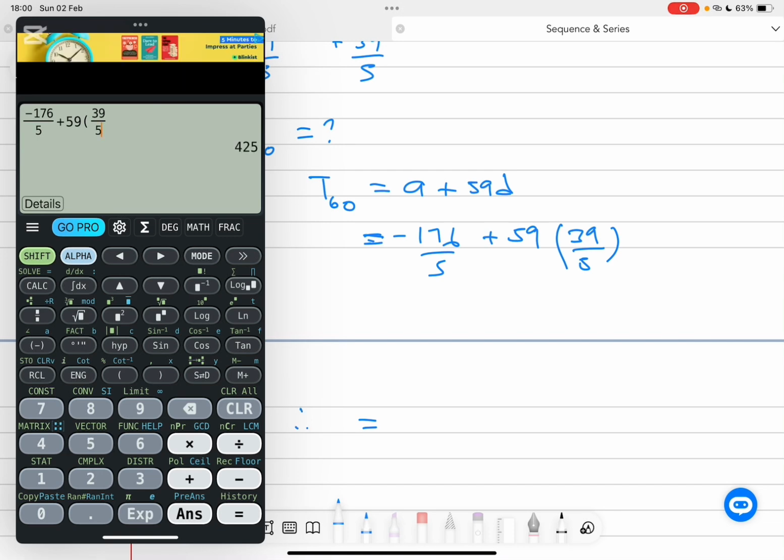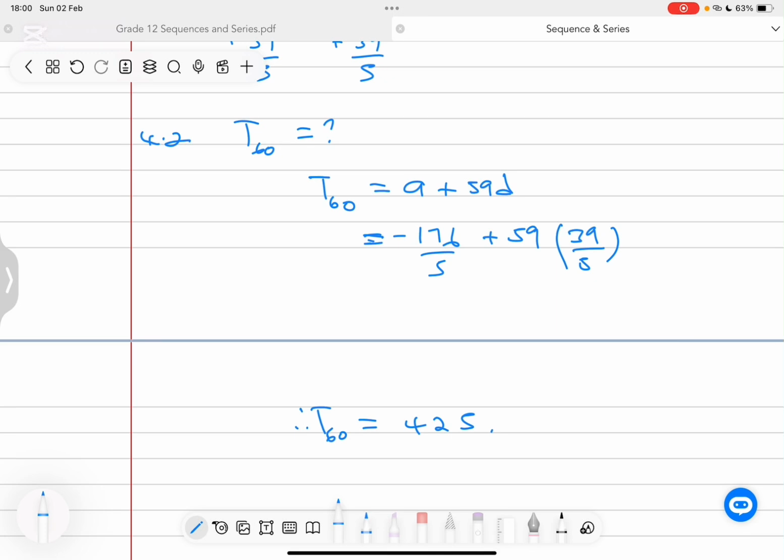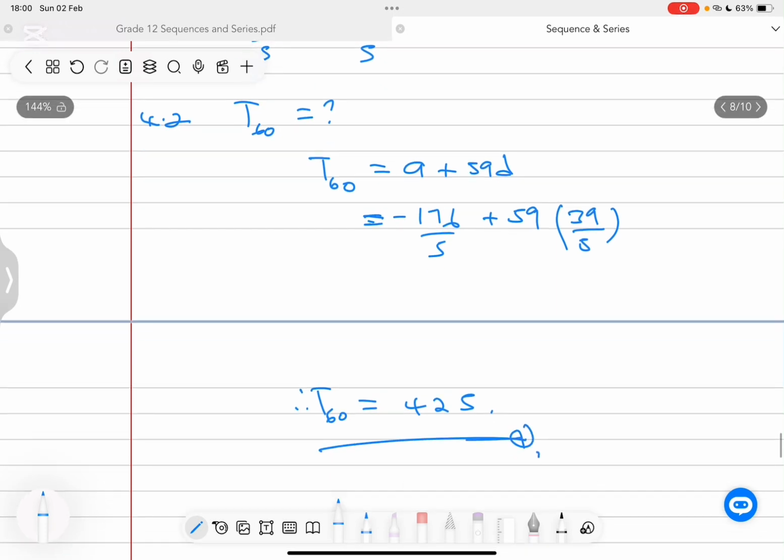And this gives us the answer that T60 is actually equal to 425. And this would be your final answer. 3 marks would come from writing this formula, substituting here correctly, and finding your final answer.